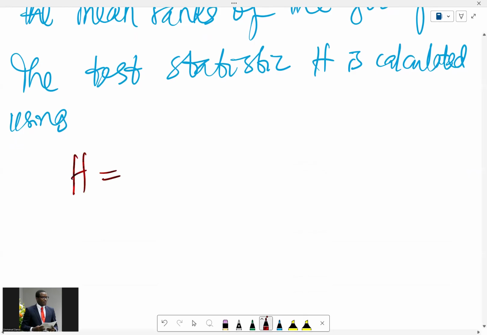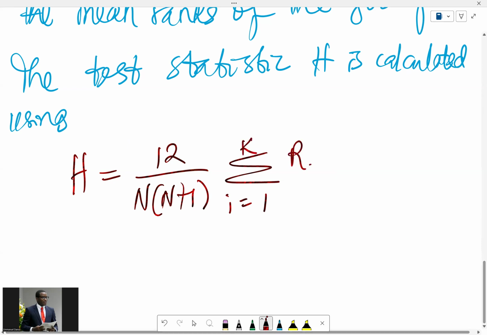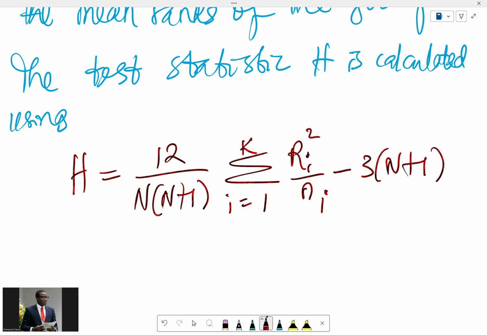H equals 12 over n into n plus 1, summation from i equals 1 to k of Ri squared divided by ni, minus 3 into n plus 1. It looks a bit like the Mann-Whitney test statistic, except that now it's modified to accommodate as many groups as you may want to consider.